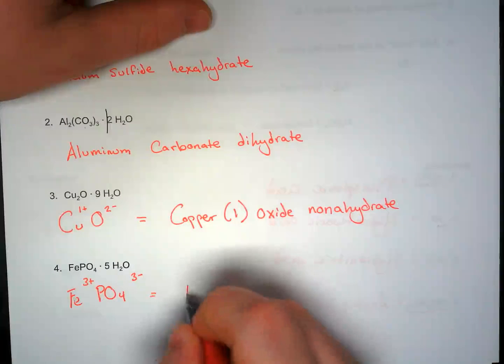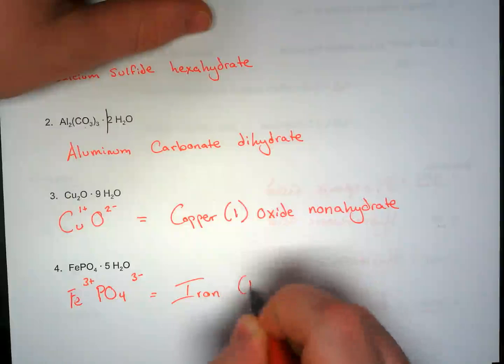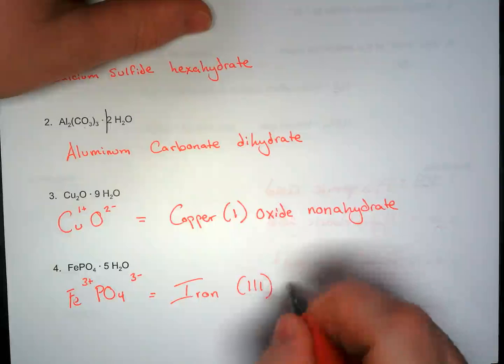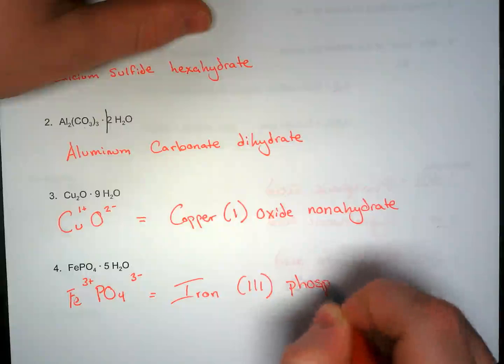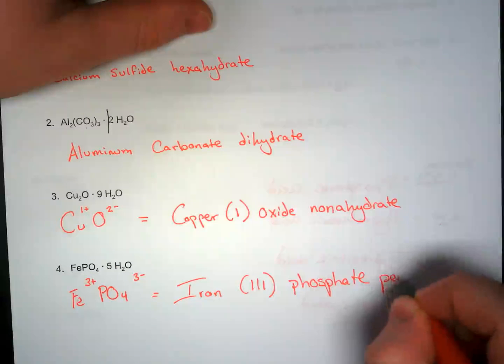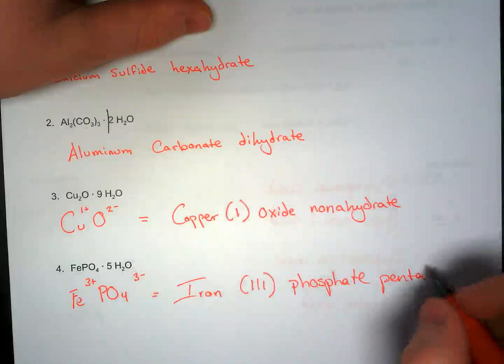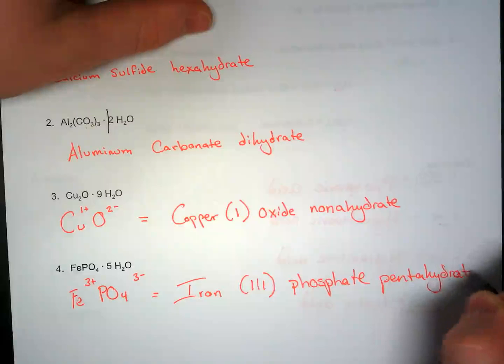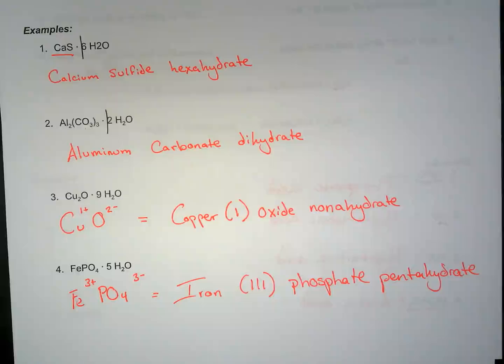So I've got here iron 3 phosphate, 5, penta H2O, hydrate. It hurts my heart how easy this is.